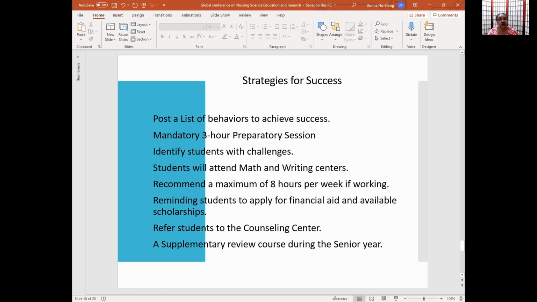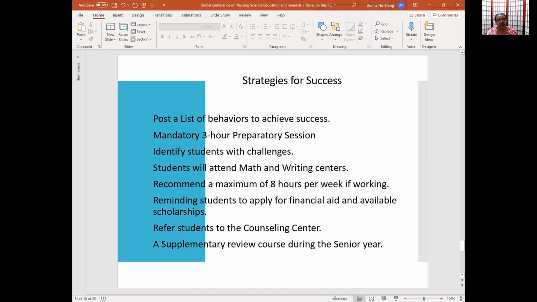For those who work, we recommended that they did only a maximum of 8 hours per week. Note I said recommended because you can't mandate, because you don't know what they're doing if they're not in school.